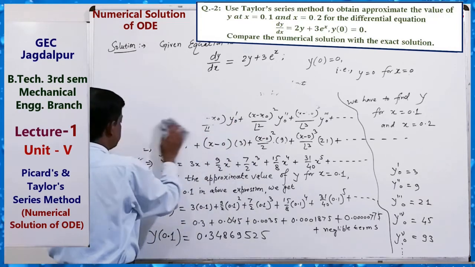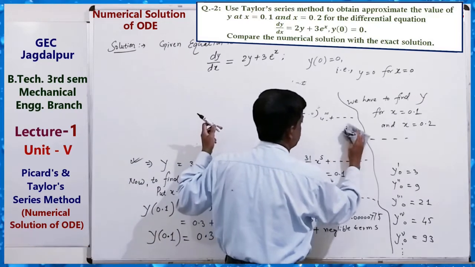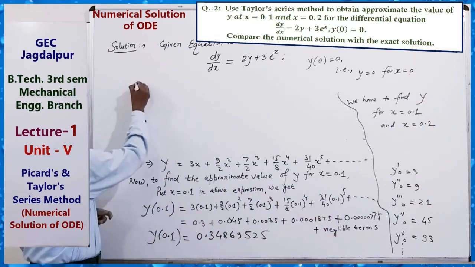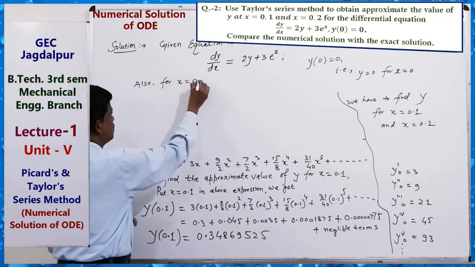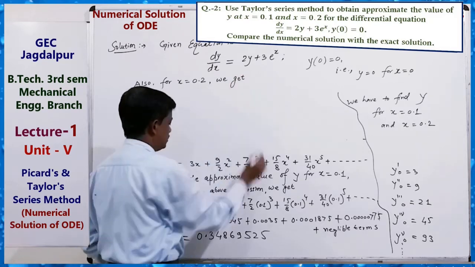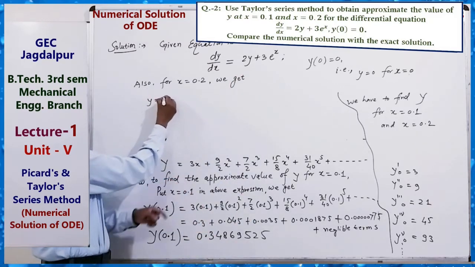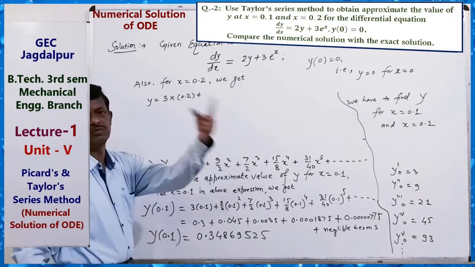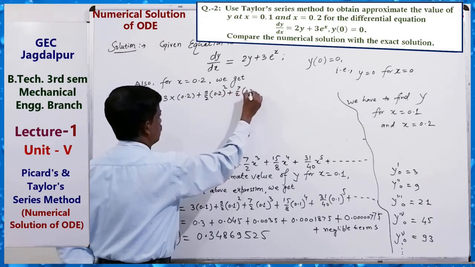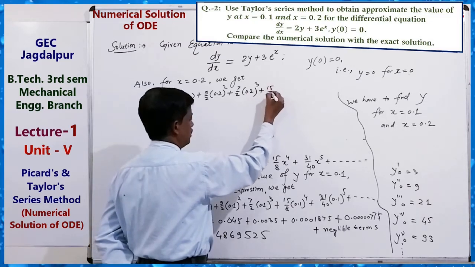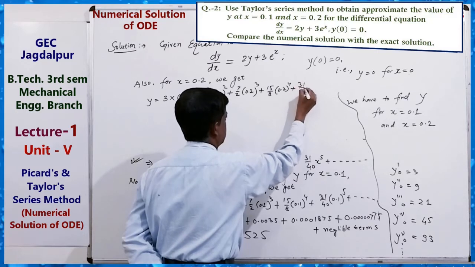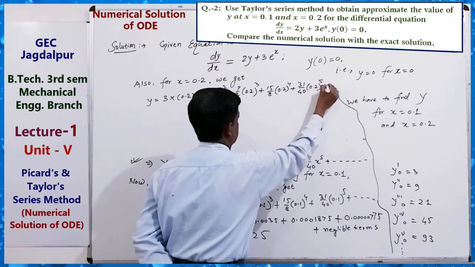Okay. So this is for x equals 0.01. Now for x equals 0.02, also for x equals 0.2, we get, just put here y equals 3 into 0.2 plus, just put the value here, 9 by 2, 0.2 square, 7 by 2, 0.2 cube, 15 by 8, 0.2 power 4, 31 by 40, 0.2 power 5, and so on.